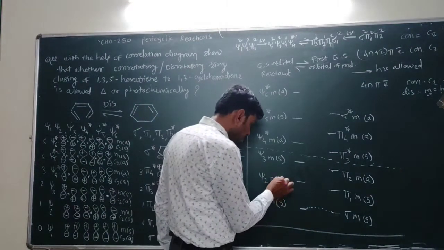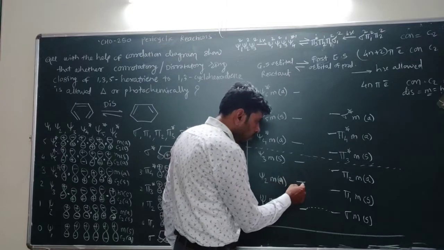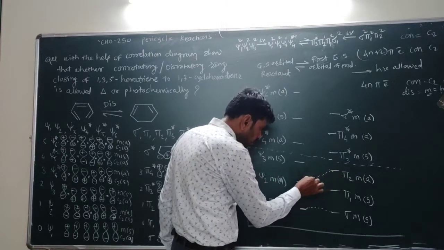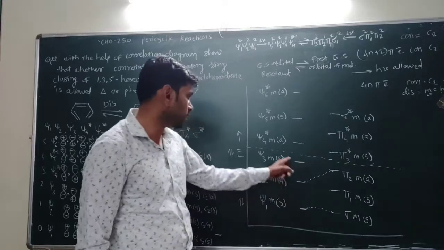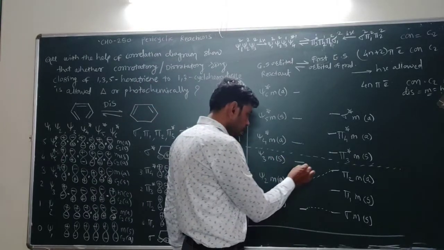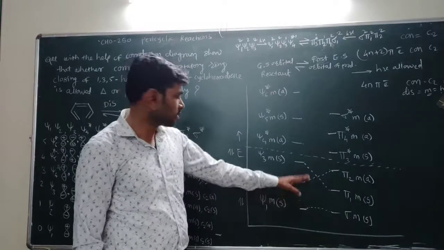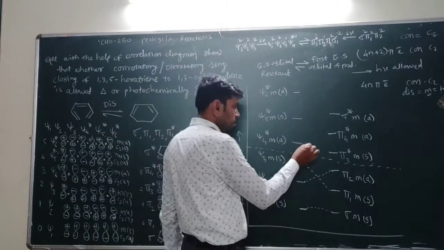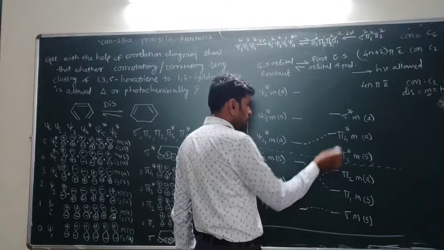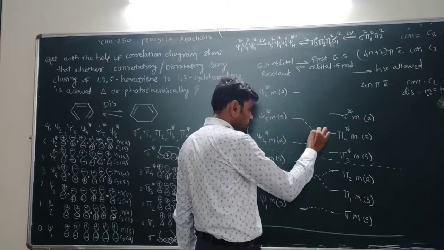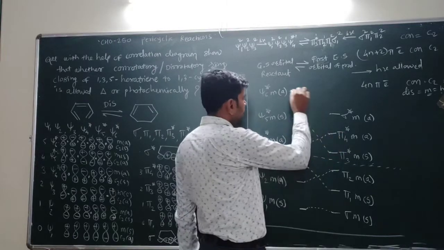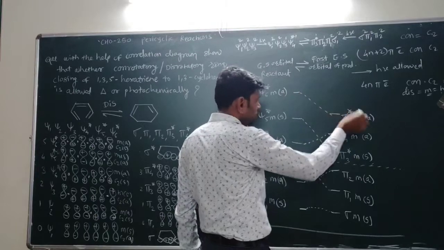The second is asymmetric, and asymmetric must be correlated with asymmetric. The third symmetric is correlated with symmetric. The next asymmetric is correlated with asymmetric. Then symmetric correlated with symmetric, and the last one, asymmetric, correlated with asymmetric.